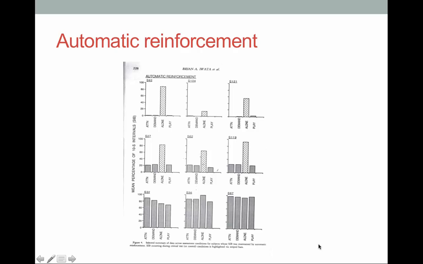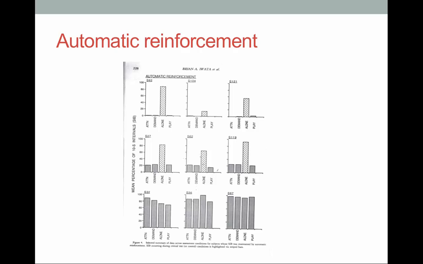But these are harder to interpret when they're really high. Generally, the rule of thumb, although this really is more of an art than a science, is if it's really high across all the conditions, so no matter what you're doing, this person is engaging in high rates of SIB, that suggests it's probably an automatic function.